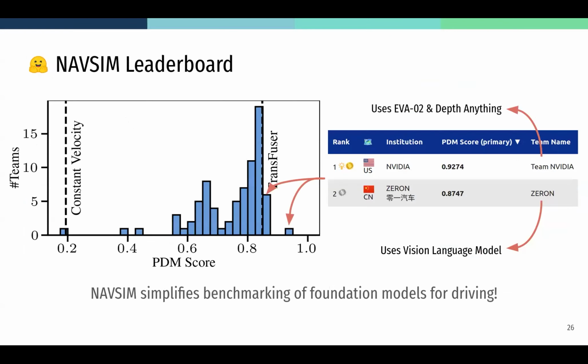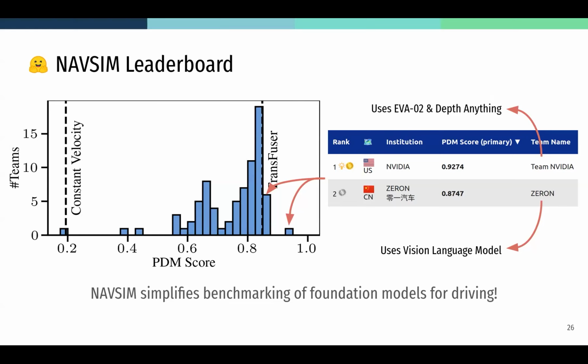Using this, we set up a little leaderboard, and we had a challenge that was part of a CVPR workshop. We saw lots and lots of diverse ideas submitted to the benchmark, because it was really easy to submit and you don't have the huge simulation compute bottleneck that you have with a typical reactive simulator.